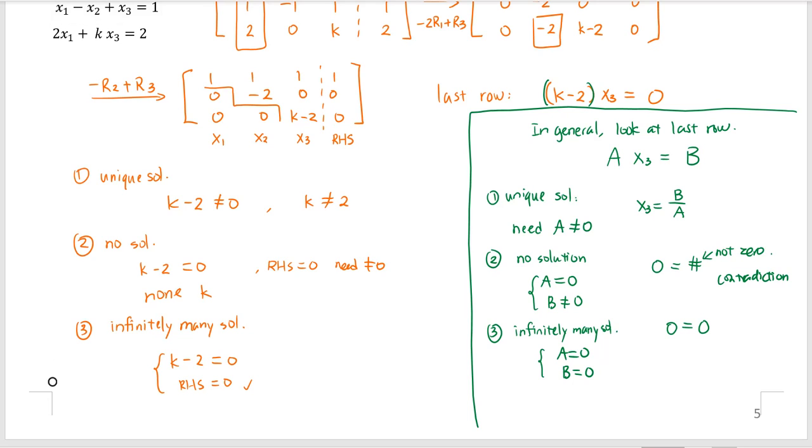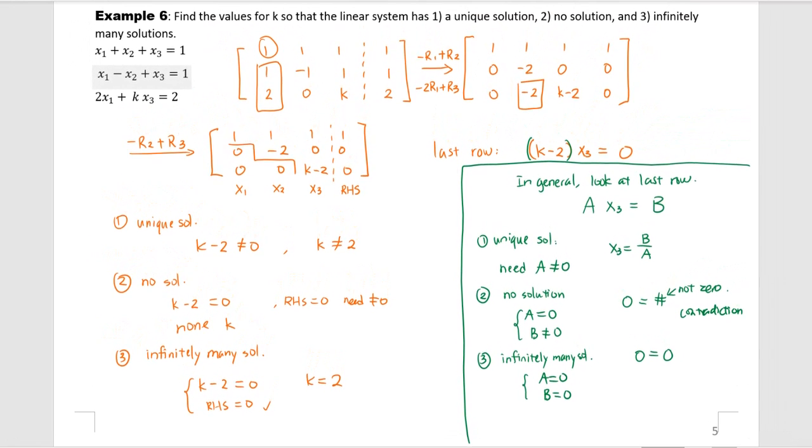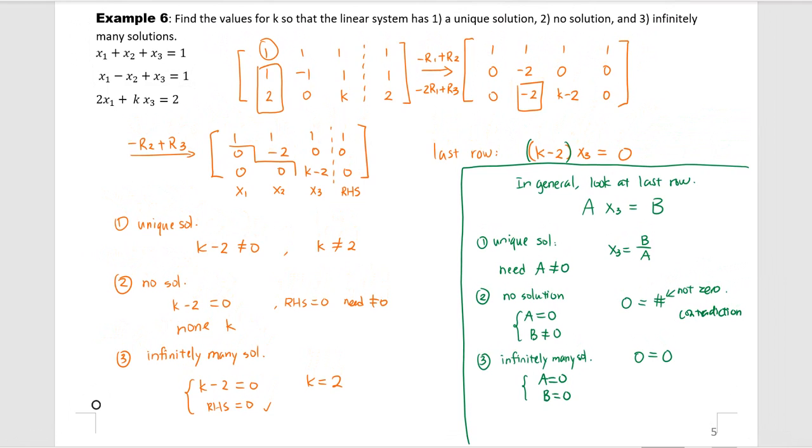But this guy is good, so we get k equals 2. So when k equals 2, we have infinitely many solutions. When k does not equal 2, we have a unique solution. So now we solved example 6. We find the values of k so that the system has a unique solution, no solution, and infinitely many solutions.